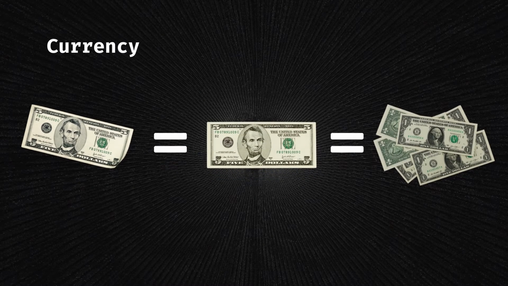A currency is a classic example of a fungible asset. $5 is always $5, no matter the serial number on the specific $5 bill or whether it's $5 sitting in your bank account. You can replace a $5 bill with another $5 bill, or say five $1 bills for that matter. This is what makes currency fungible.